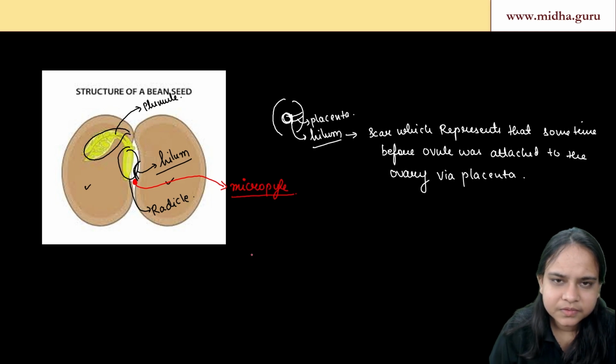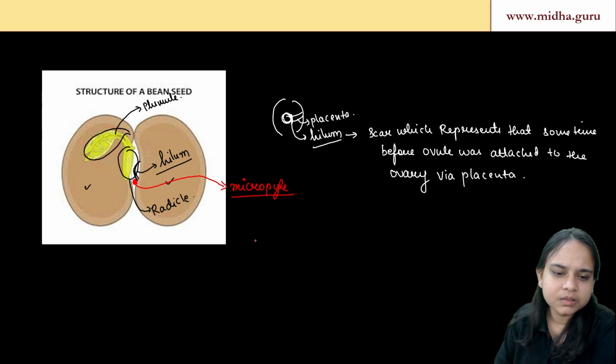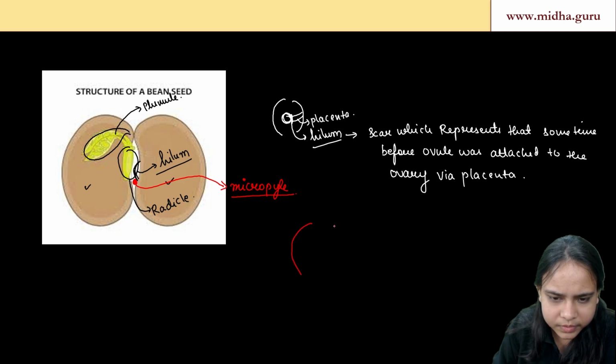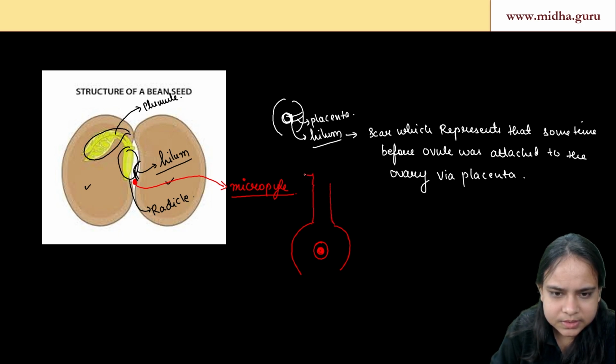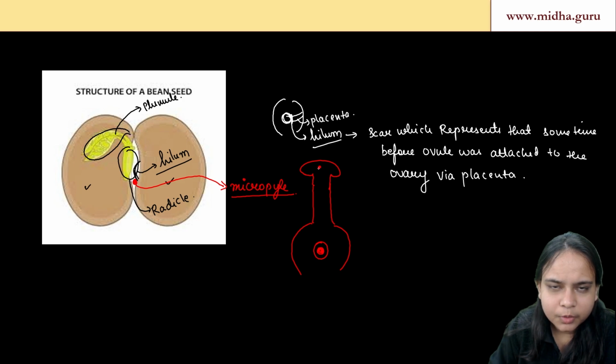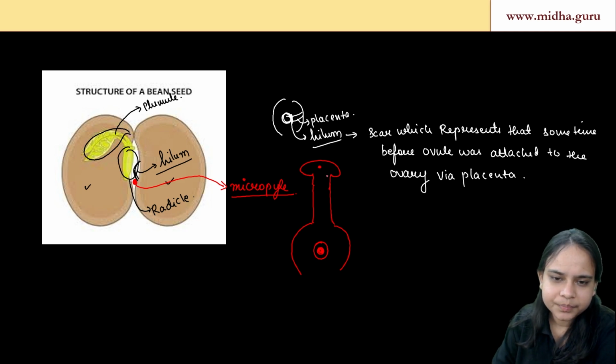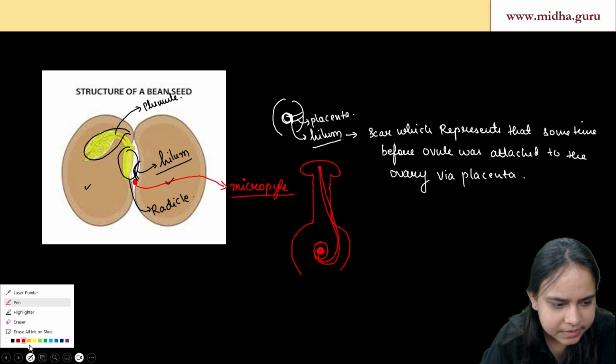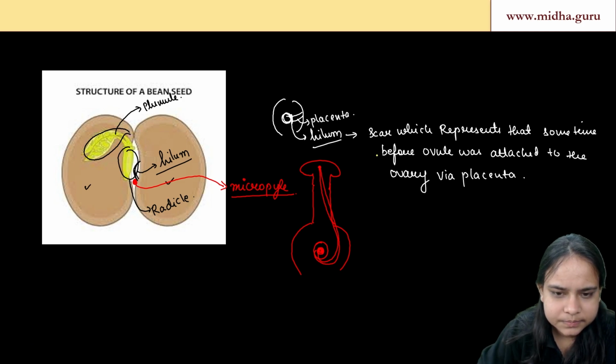Now, as we have already seen in the lecture of fertilization, let us revise again, that ovary and ovule, this is ovule, and inside it there is a egg cell. We know that through this stigma, through this style in fact, the pollen grain, when it is accepted by the stigma, it releases a pollen tube, right? Through this pollen tube, the pollen grains are further released.